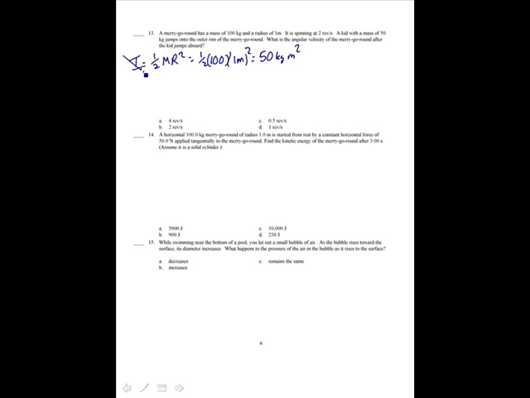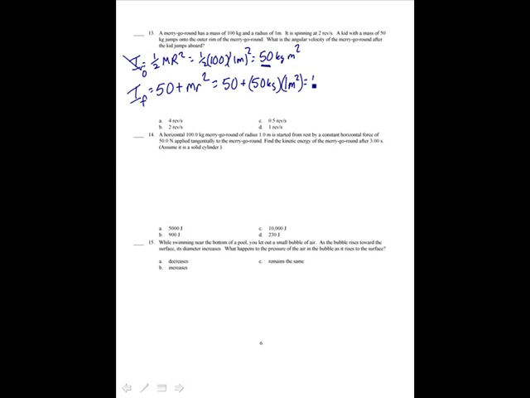That's your initial moment of inertia, and your final moment of inertia is going to be 50 plus m r squared, where this is the mass of the kid that jumps on the outer rim, 50 kilograms, times the radius he jumps on, 1 meter squared.